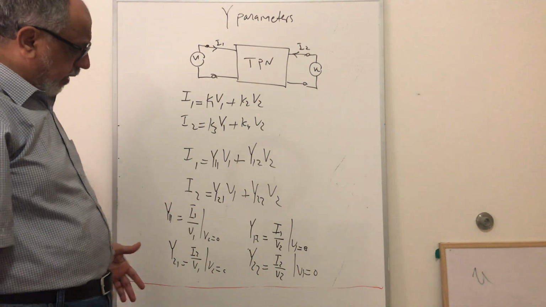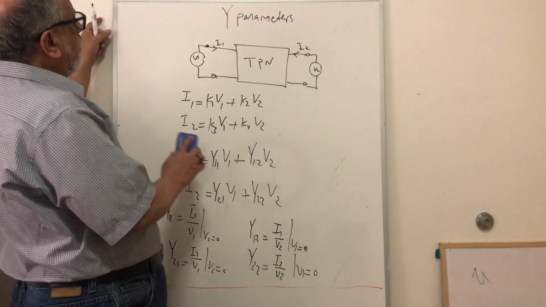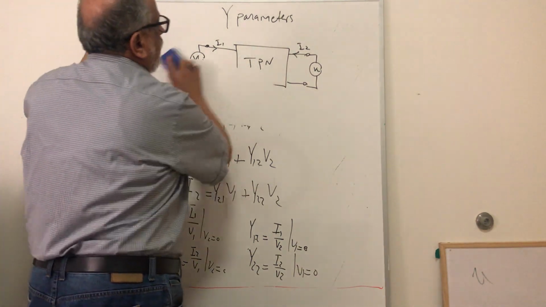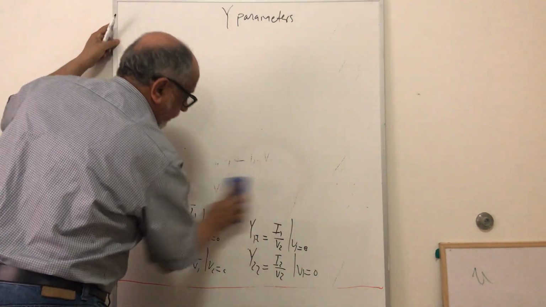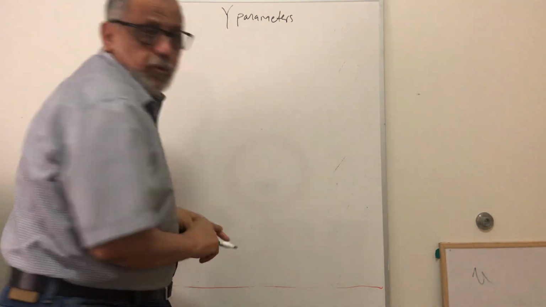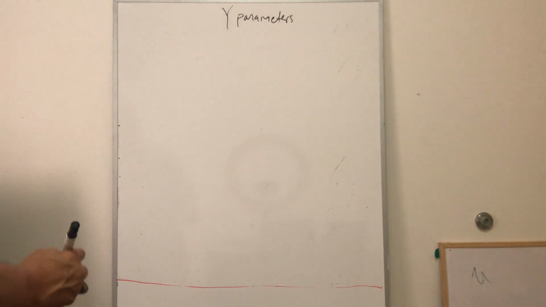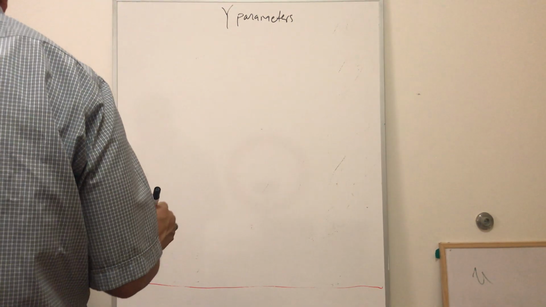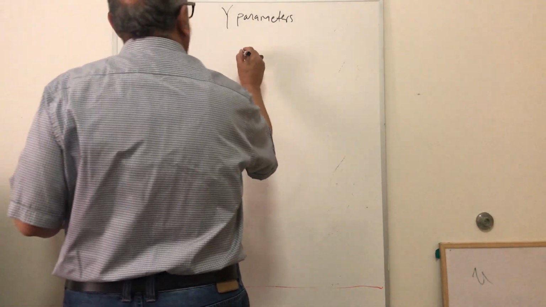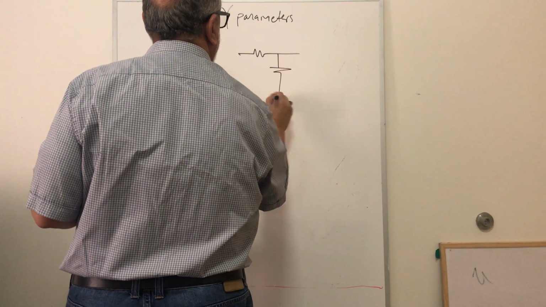And again, we can try a simple example just to illustrate what I have just said. So let's say we want to find the Y parameters for the following circuit, where we have a simple circuit, right?